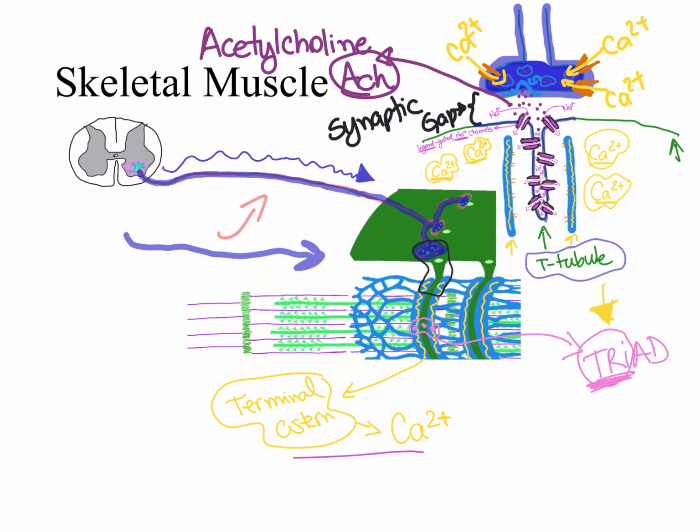And when myosin binds the actin, it uses one ATP, and then it pulls the actin thin filament towards the center of the sarcomere. And then, using another ATP, myosin detaches from the actin thin filament. And this is how our skeletal muscles contract.